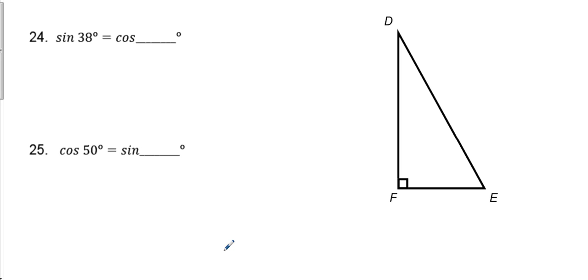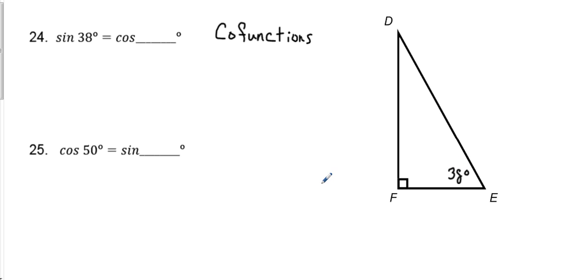Now, we're going to use properties of what we call cofunctions. And I've just drawn a diagram here. It's not really important what this looks like, but we're going to use this in order to figure this out. So let's say we put the 38 degrees here.